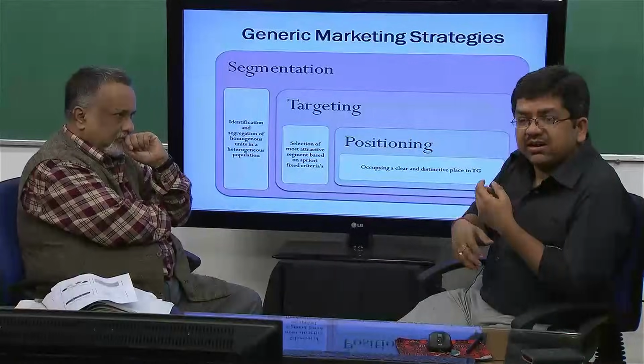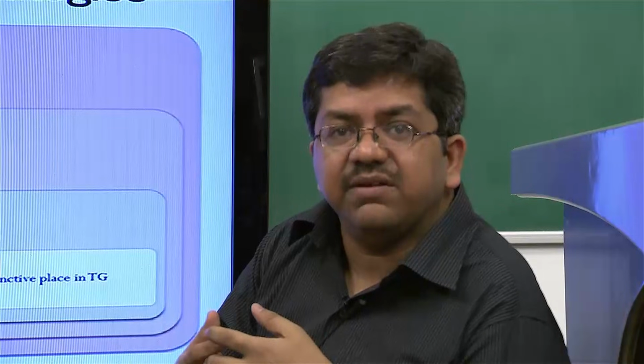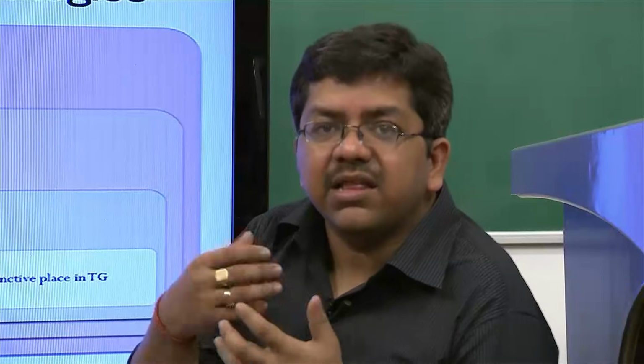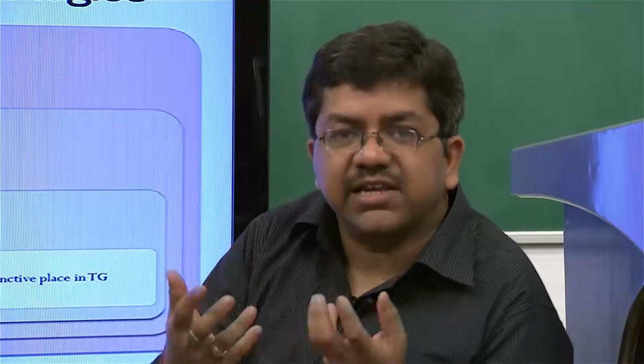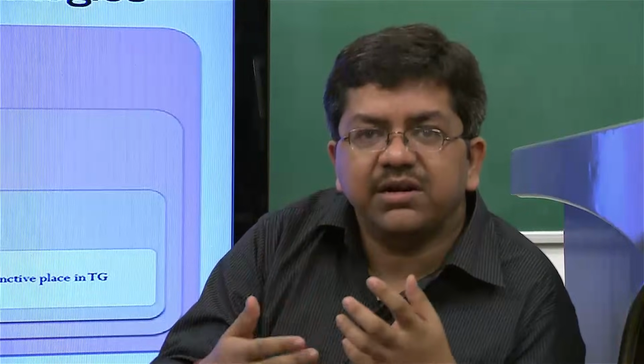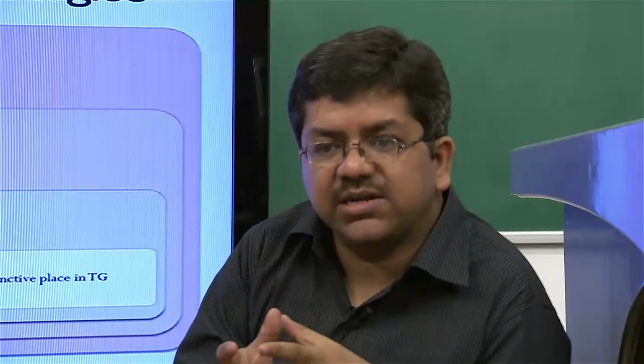So there are criteria that you need to first build and then evaluate the different customer segments on those criteria, and then you come out with which one segment, or more than one segment, or the combination of segments you want to serve as an organization.